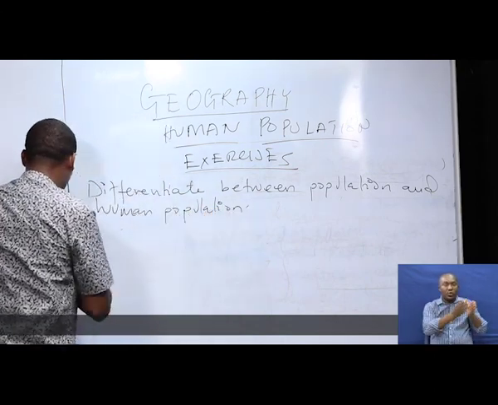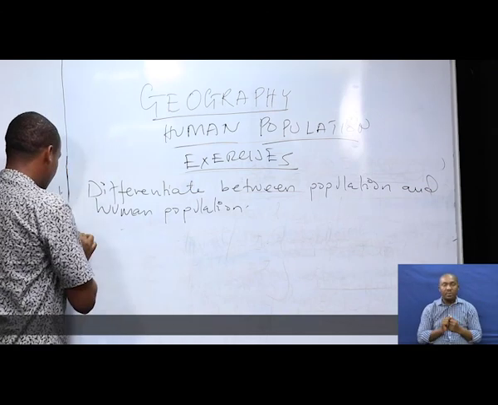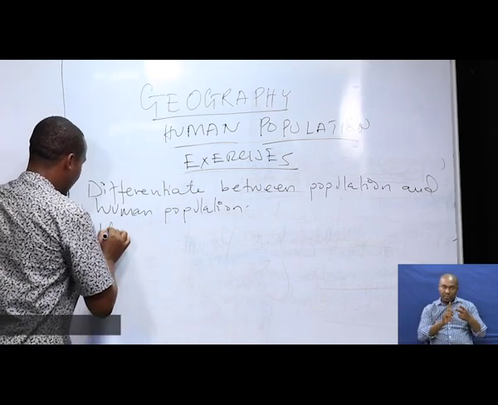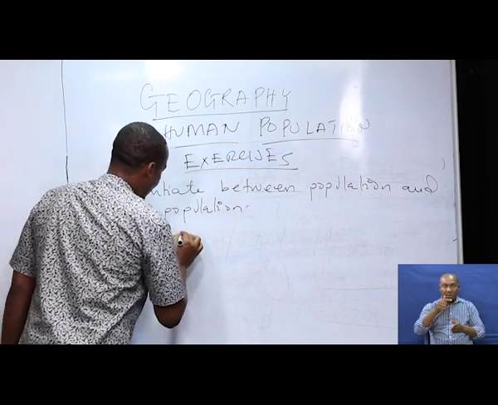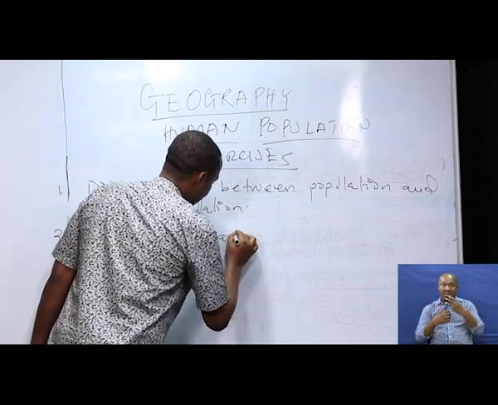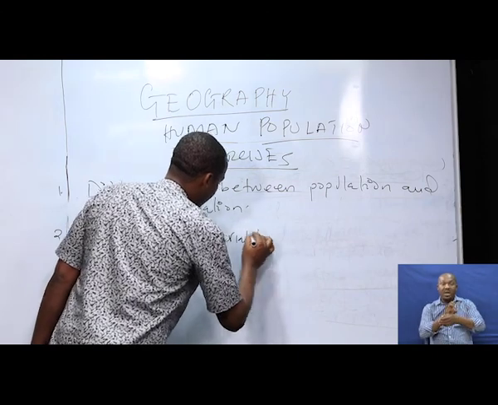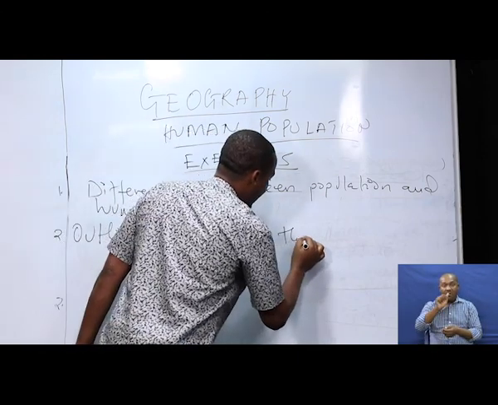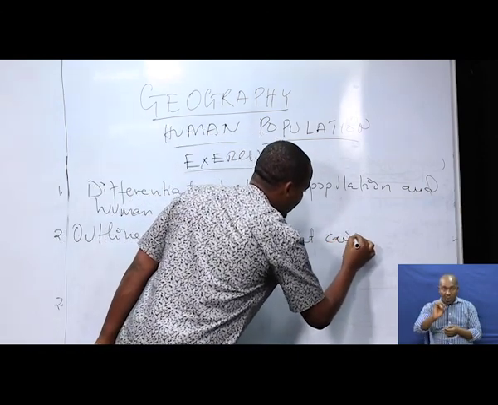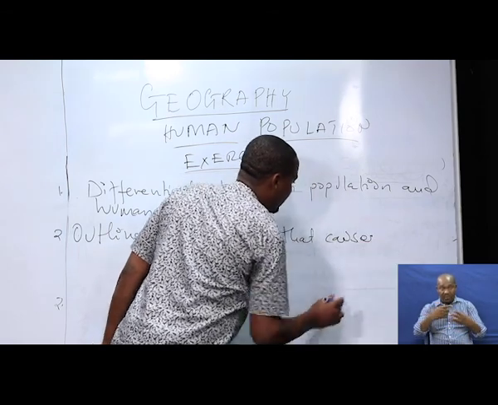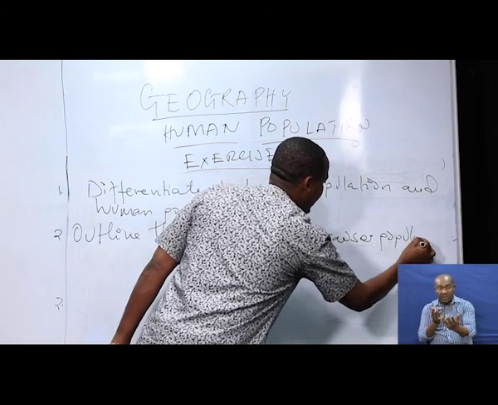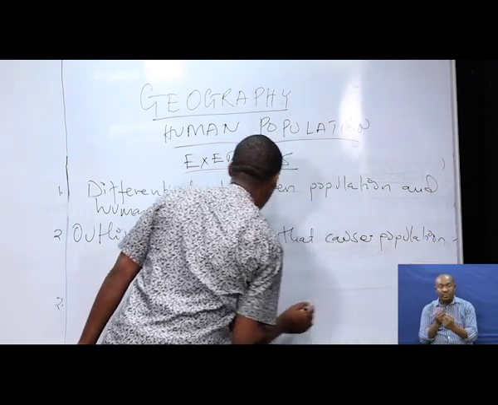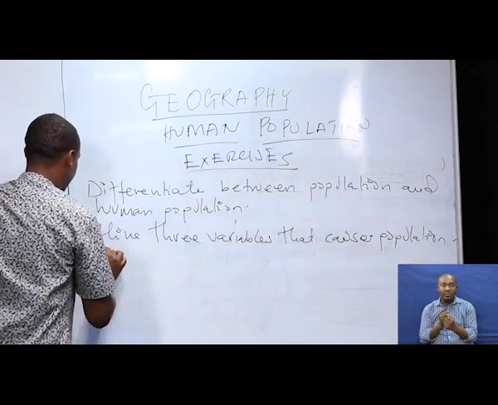Then number 2: outline 3 variables that cause population change.